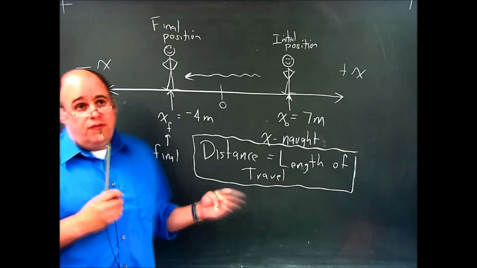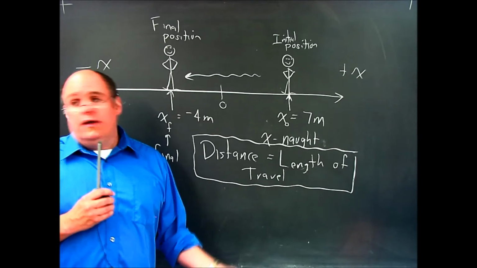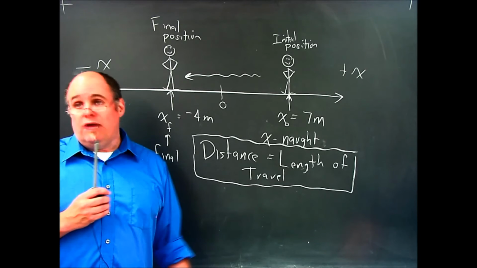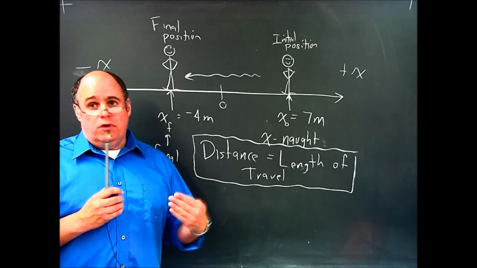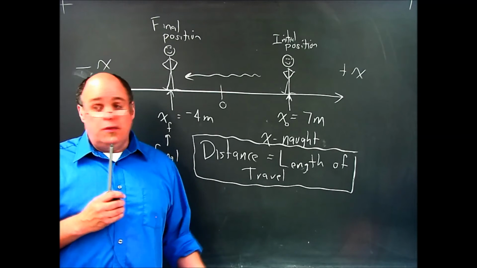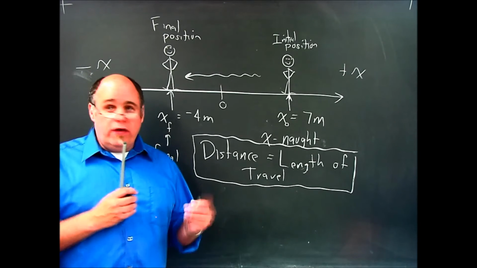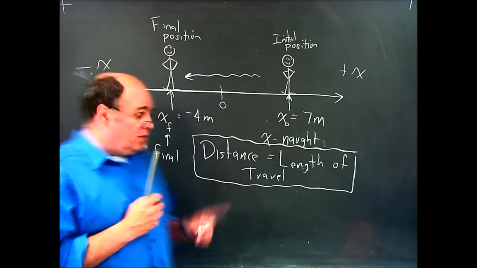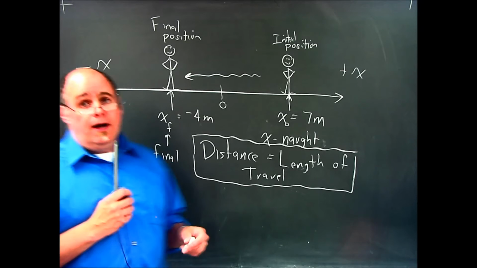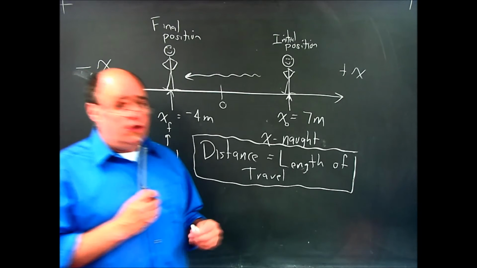But if you said I live 20 miles away from work to the south, it gives them a little bit more information. So when you give a direction, it's a little bit more informative. It's a little bit more technical. And we call that the displacement. So instead of talking about a distance, we want to talk about something more technical called a displacement.